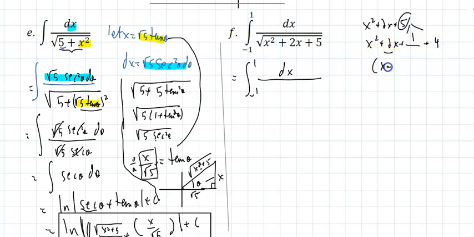So that makes this x plus 1 squared plus 4. So that's the square root of x squared plus 1 squared plus 4. If I come in and I let, what's taking the place of x? X plus 1 equal twice the tangent of theta.